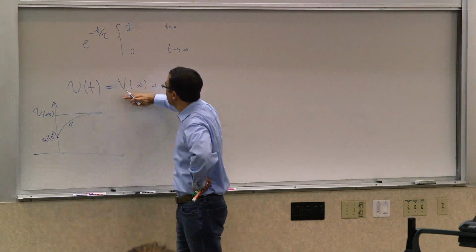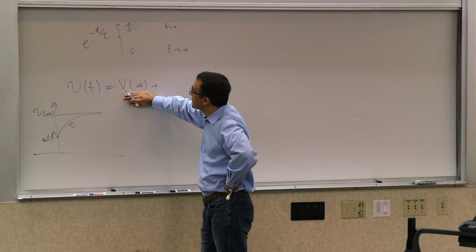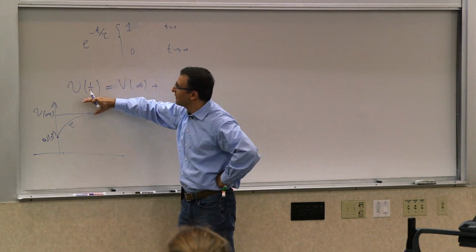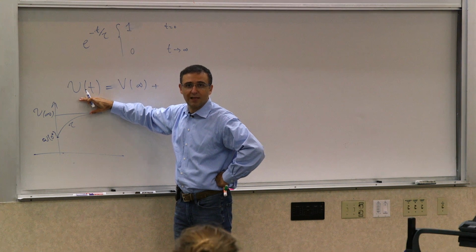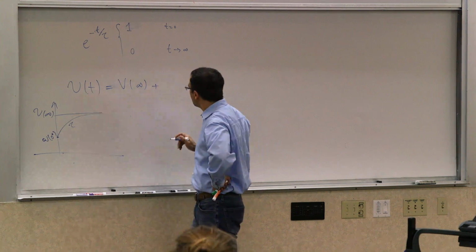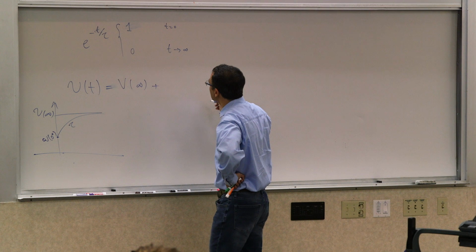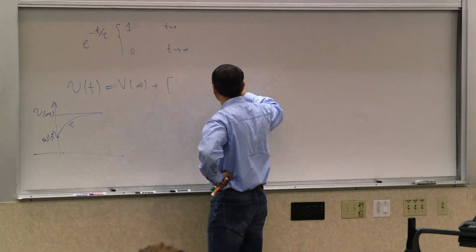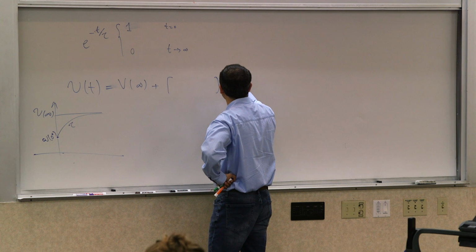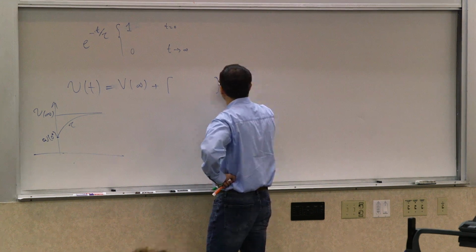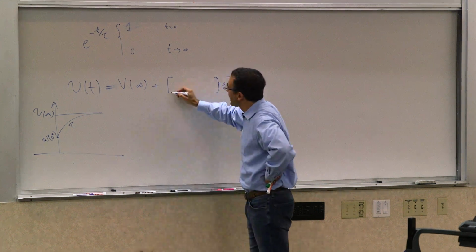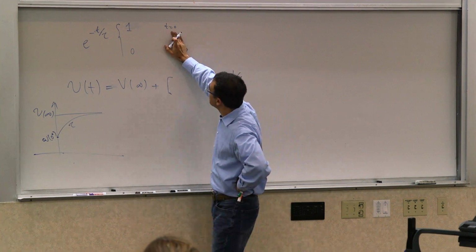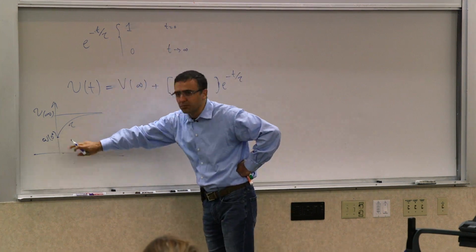Plus, as long as v of infinity is not multiplied by e to the negative t over tau, this would produce v of infinity at large t going to infinity. So what I need to do is make the rest of it stuff that gets multiplied by the e to the negative t over tau. And I need to make this such that at t equals 0, this produces v of 0 plus.